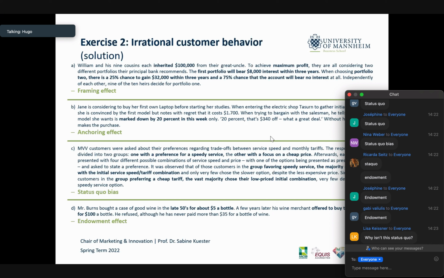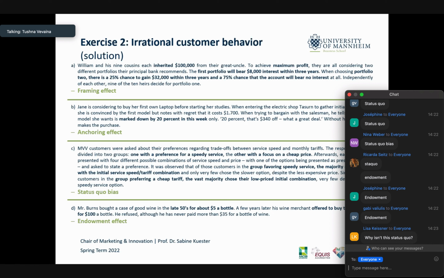I have a question regarding C. Does this assume that the group preferring speed had not the option with the highest speed as the present option? Because there's written that they were given a combination, and there's one combination which is slower, but that's not of their interest. That doesn't prove the status quo bias. But this scenario assumes that there's another option which was not given to the group preferring speed, which is even faster, right?